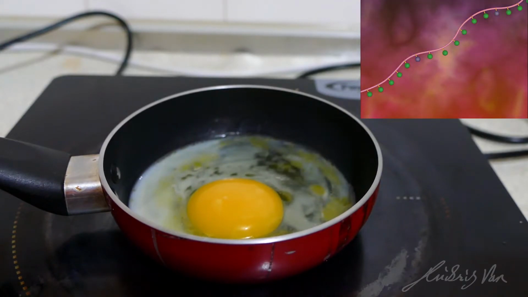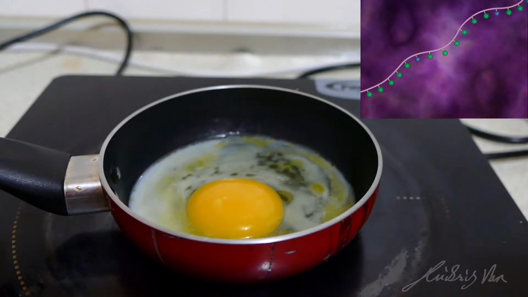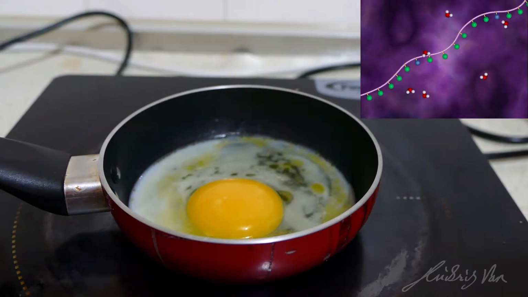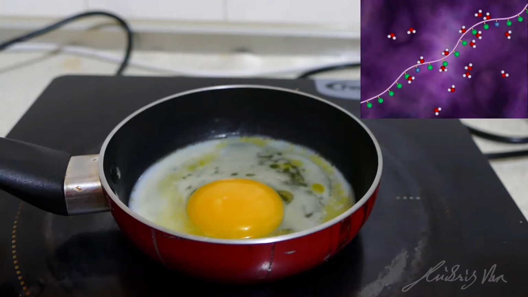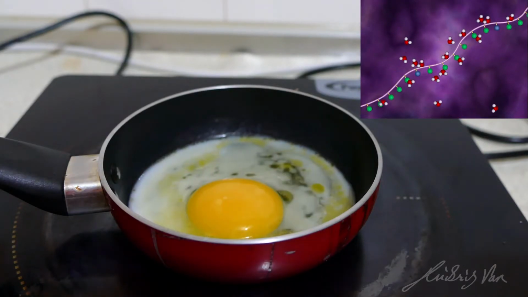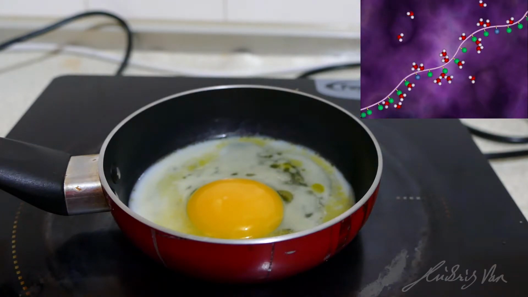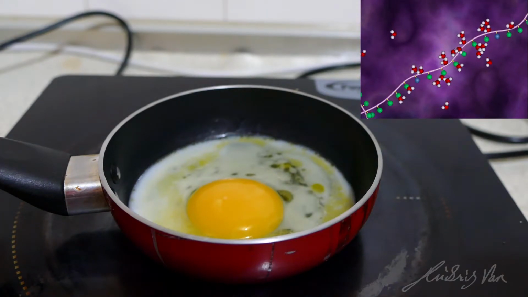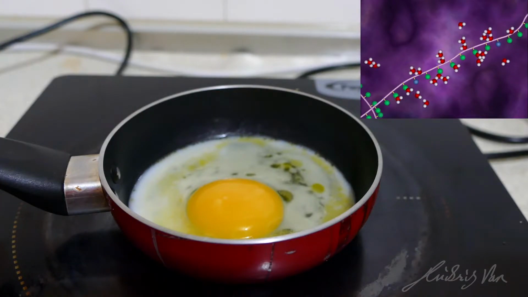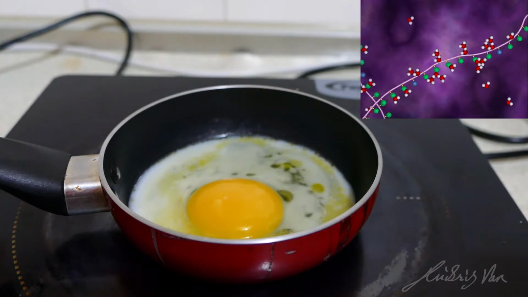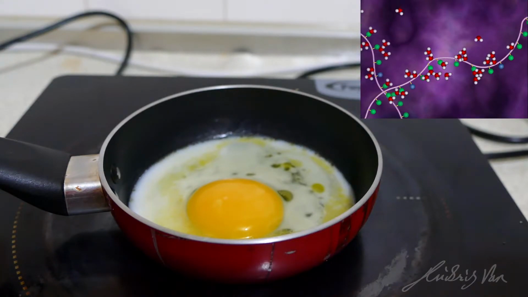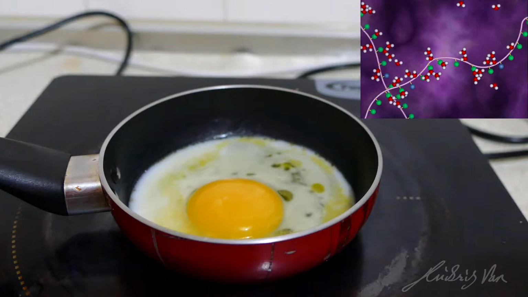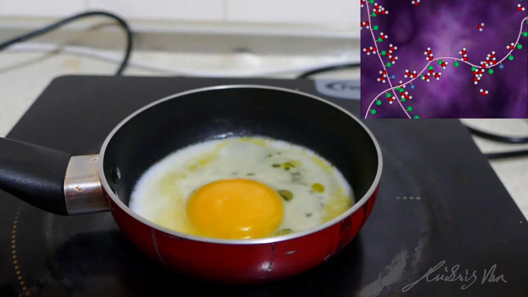So what is happening is, as we heat up the protein, they will start to unwind, exposing all the hydrophilic and hydrophobic ends. And because they become unwound and become linear strands of polypeptides, they will start to get tangled up with each other, and they will become insoluble. And because they are insoluble, you can see that the egg white will start to become opaque.